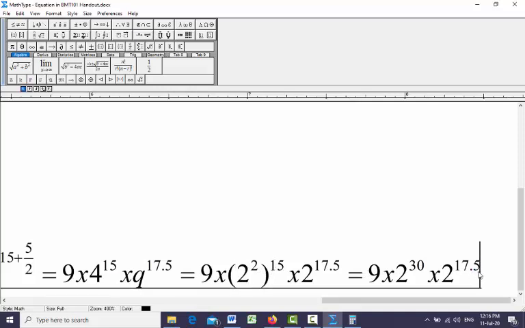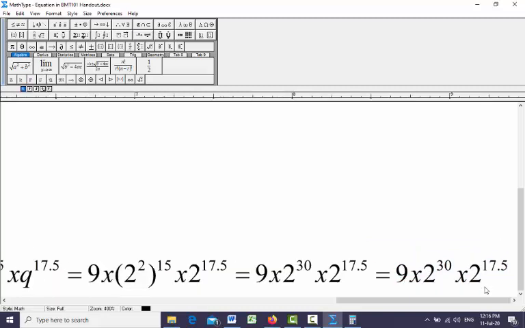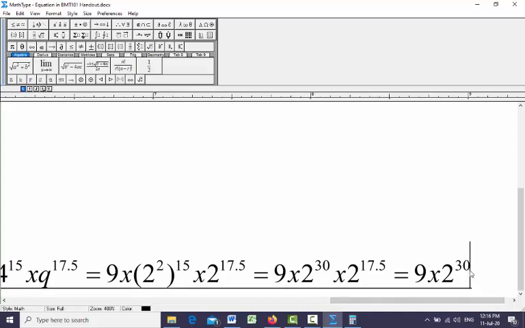Then again, you can see here also base 2, here also base 2, and here also base 2, and we are doing multiplication. So in that case, powers will be added together. So 30 plus 17.5.